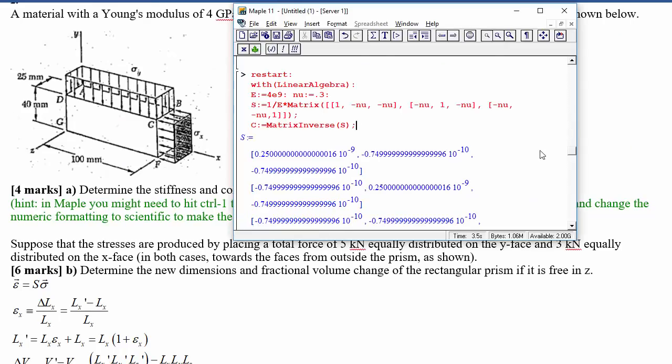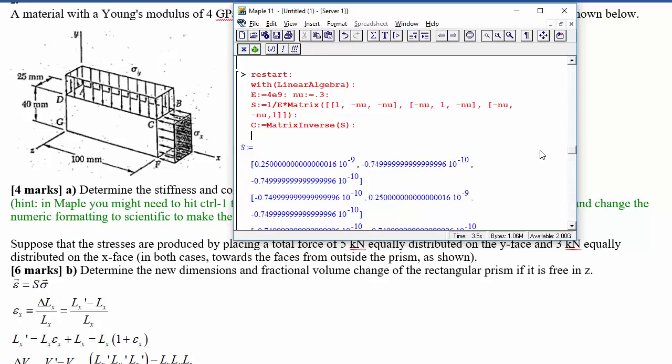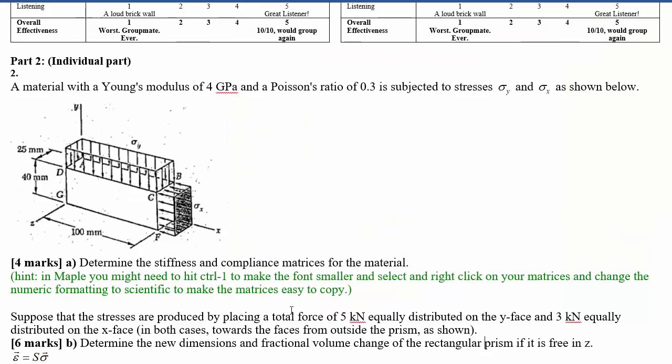So we figured out our stiffness and compliance matrices, and let's just suppress the output of that for the time being. Now, the next thing we need to do is write out what the stresses are. So we've got a stress of 5 kilonewtons on the Y face divided by the area of the Y face, and a stress of 3 kilonewtons on the X face divided by the area of the X face.